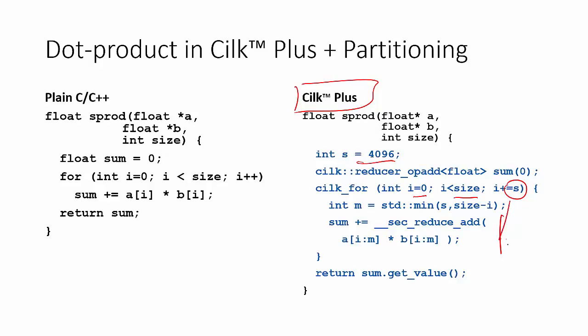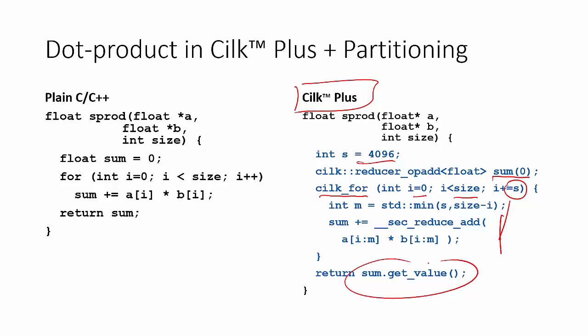So we vectorize over 4096 elements, but otherwise the cilk_for will guarantee that we spread out the iterations of this for loop onto different threads. And then we have to specify that the sum here is a special reducer operation that we can get the result from. So don't worry if you don't follow me here.